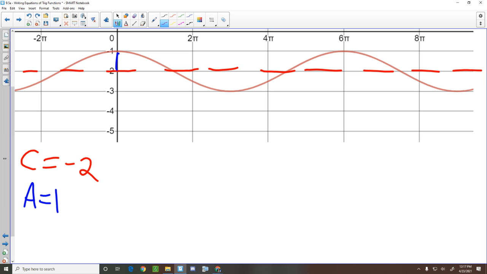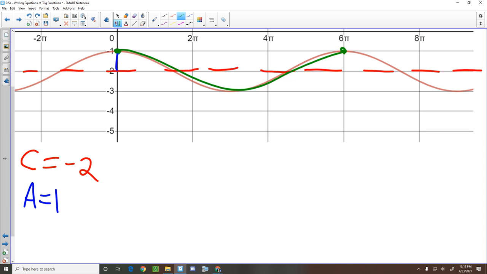from here, next thing we're going to find is the period. Again, starting on the y-axis, I would trace out one complete wavelength. And that's going to tell us two pieces of information. First, is this a sine wave or a cosine wave? What do you all think? Is that sine or cosine?